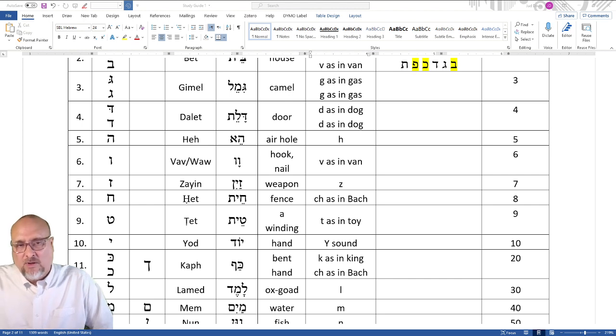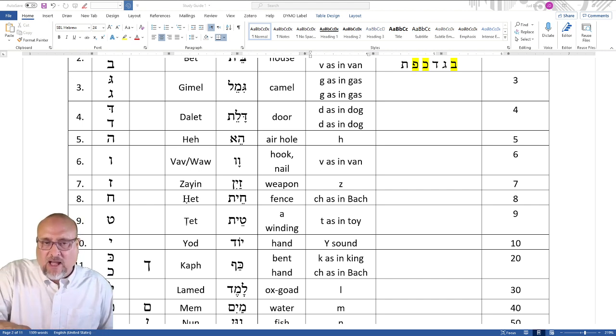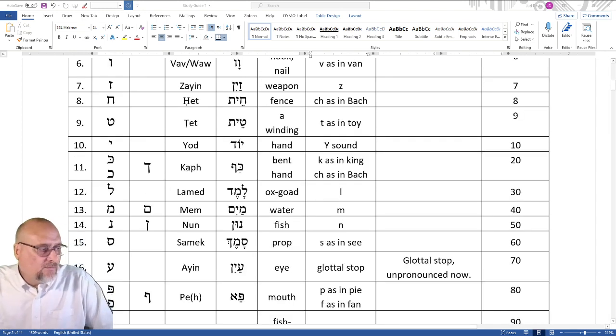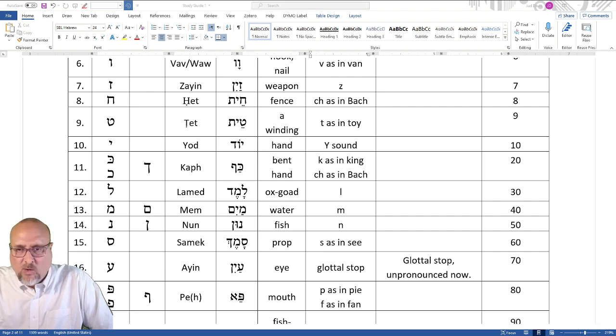So when you get to the end of the word, you have to look and see, does the tail go below the line? If it goes below the line, it's a final kaf. If it doesn't go below the line, it's a dalet. Lamed, mem, and this is a final mem, so slightly different form if it's the last letter.